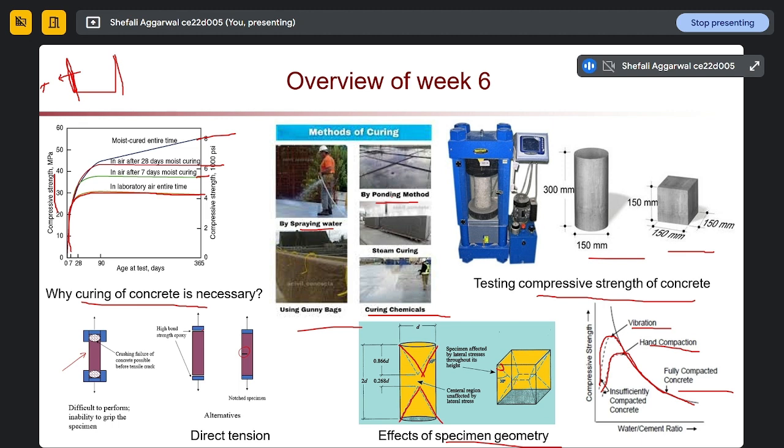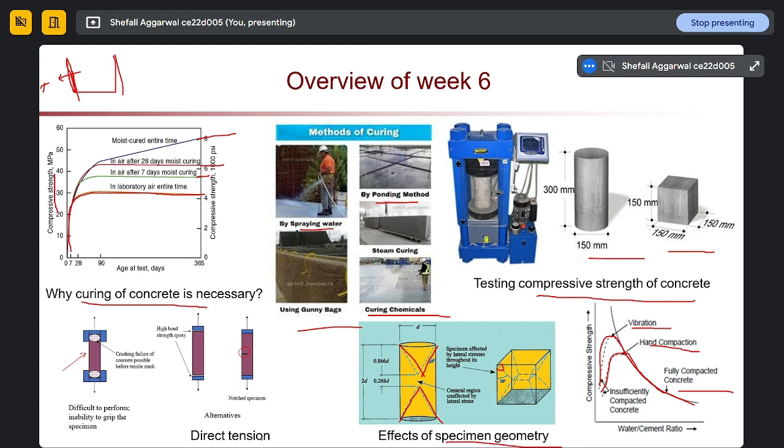Next is the soundness. Soundness tells us about the unhydrated lime or magnesium in our cement. For soundness, we are using the Le Chatelier apparatus. I think you might have already seen it in your lab.